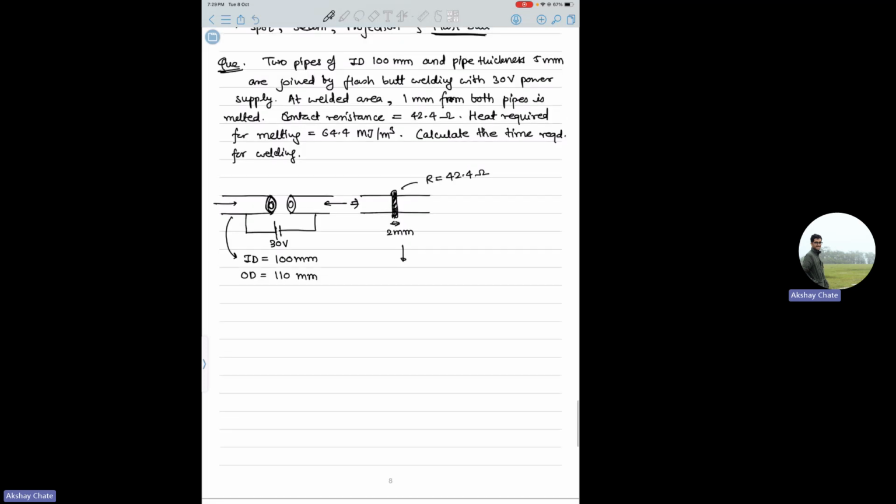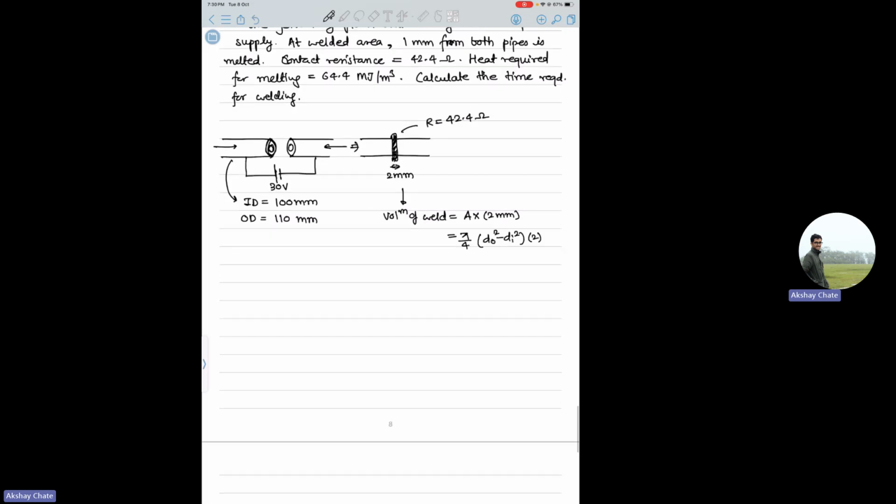From this unit you can get an idea: the volume of weld will be cross sectional area into 2 mm thickness. The cross sectional area will be pi by 4 into dO square minus dI square. Let's calculate it in mm cube, then we'll convert.